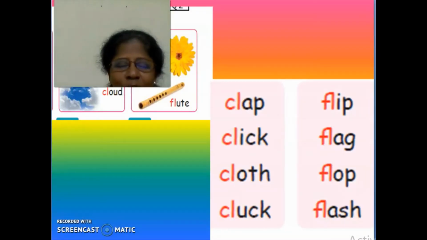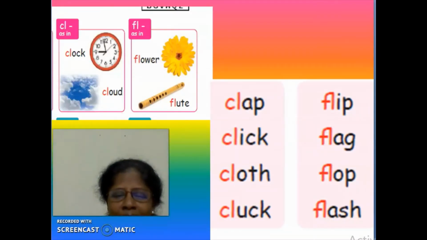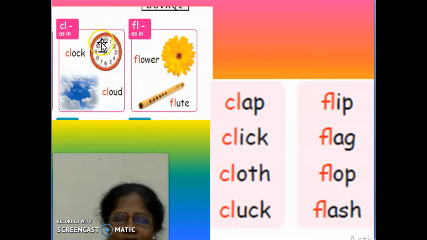Let's get back to the words given in your book. Here we have the picture of a clock, and how do you read it? Clock. Now you forget about the spelling. Now open your mouth and say it. Clock.